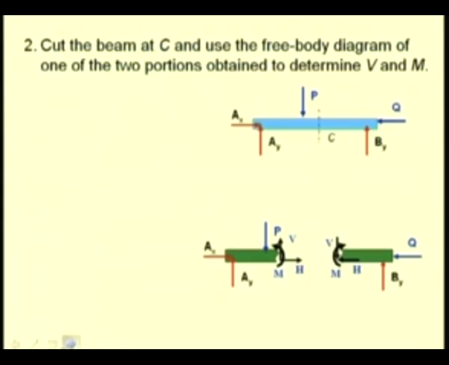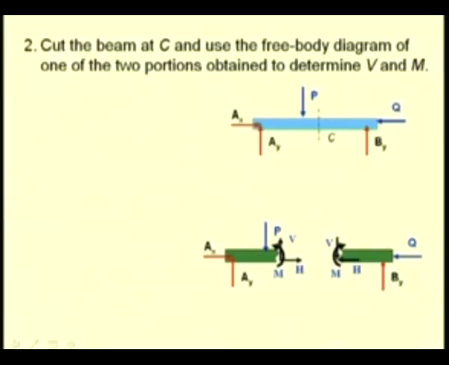Now, we consider a portion of the beam, that is, a section at C; it could be the portion AC or the portion CB. Construct the free body diagram and determine these internal forces.